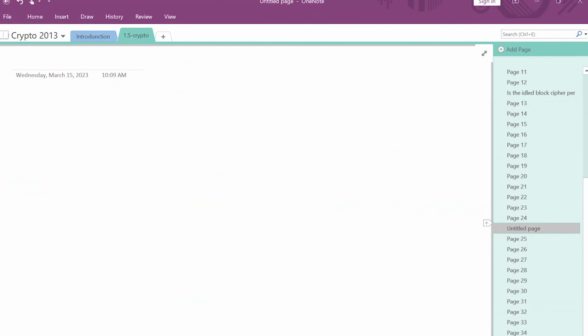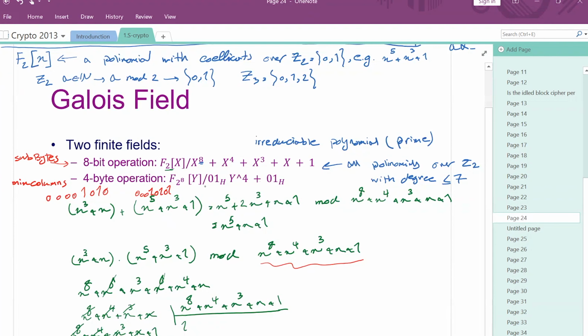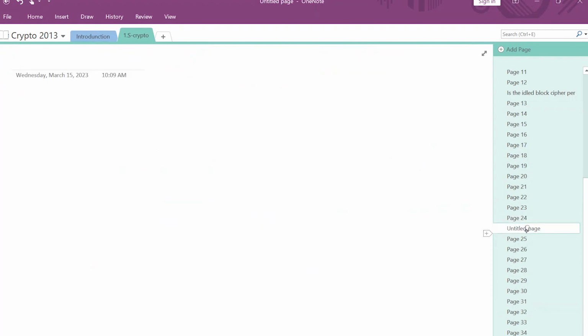24. So remember that for MixColumns, we define another variable y, and this is like 2 to the power 8, which means that we have the polynomials over F(2^8) in the variable y, modulo y^4 plus 01, where h means hex representation.